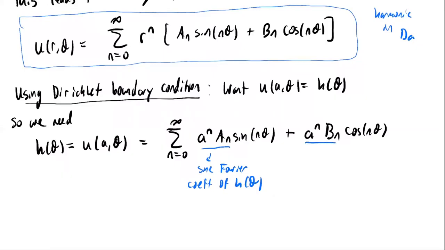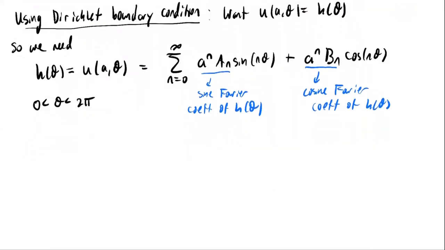On the other hand, a to the n times bn has to be the cosine Fourier coefficient of h of theta. Again, we're viewing this as a function of theta, where theta is the angle in polar coordinates, and so the Fourier series is defined with respect to theta. But we know how to calculate these coefficients in terms of h. And in particular, we're on the domain where theta is between 0 and 2 pi.